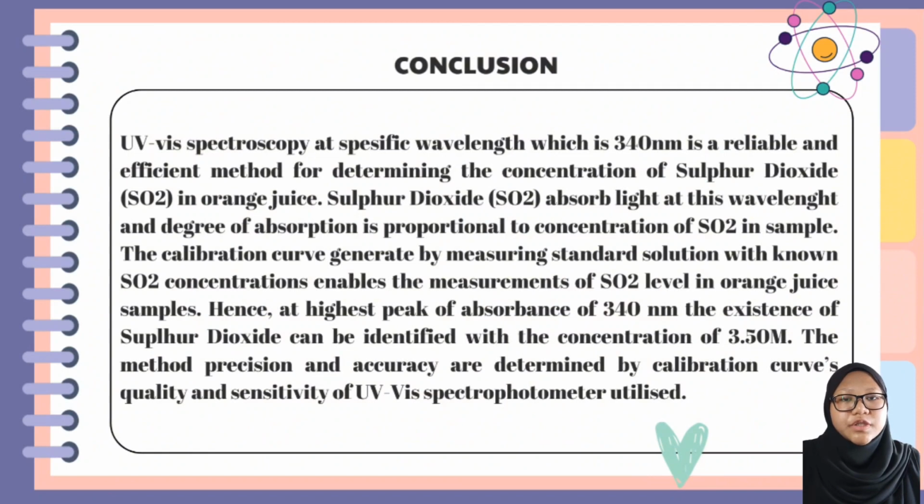The calibration curve generated by measuring standard solutions with known SO2 concentrations enables the measurement of SO2 level in the orange juice sample. Thus, the highest peak of absorbance at 340 nm shows the existence of sulfur dioxide, which can be identified with the concentration of 3.50 mole. The method and accuracy are determined by the calibration curves, quality, and sensitivity of the UV-Vis spectrophotometer utilized.